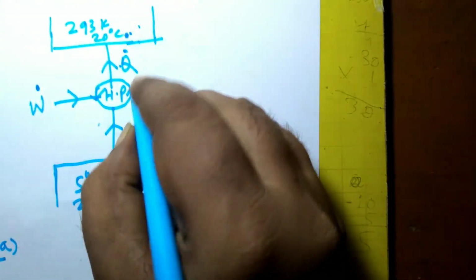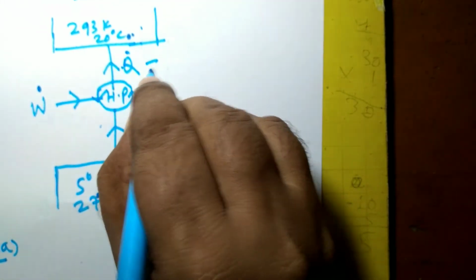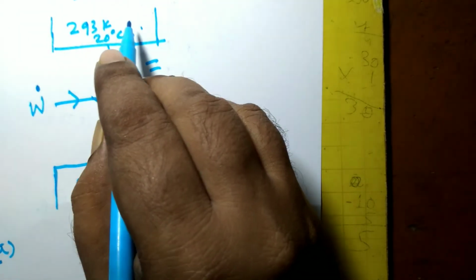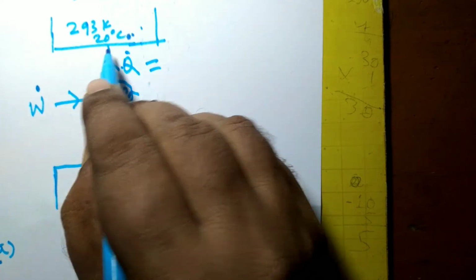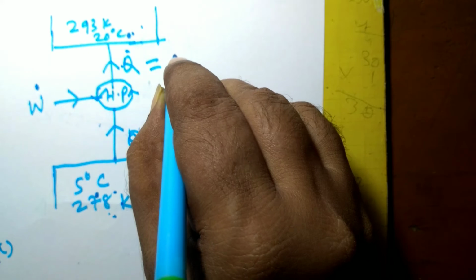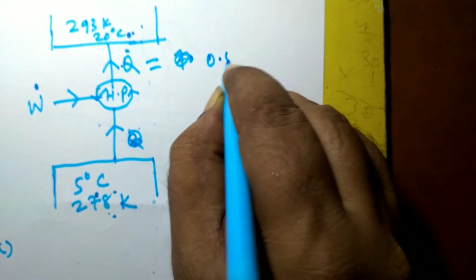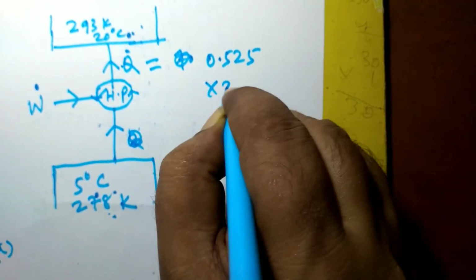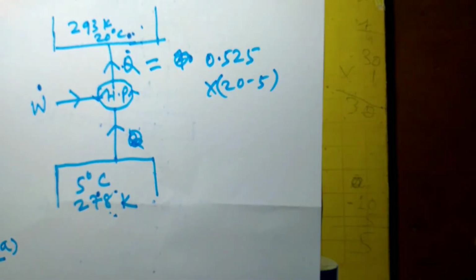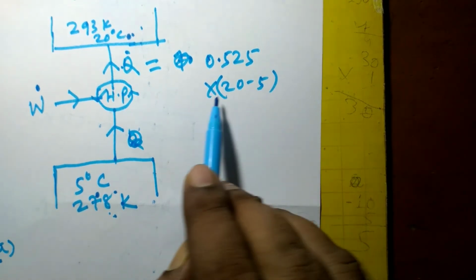This rate of heat input has to be continuously supplied to this room to maintain the temperature at 20 degrees Celsius, and this Q dot, the rate of heat input, is equal to 0.525 multiplied by 20 minus 5, because in the question it is given that 0.525 kilojoule per second, that means kilowatt, per degree temperature difference.